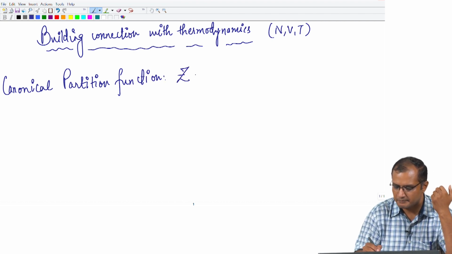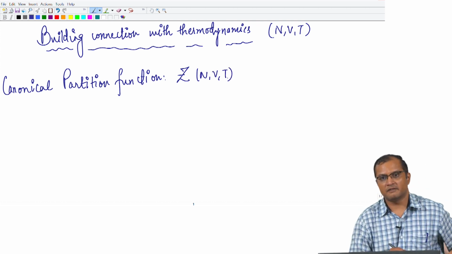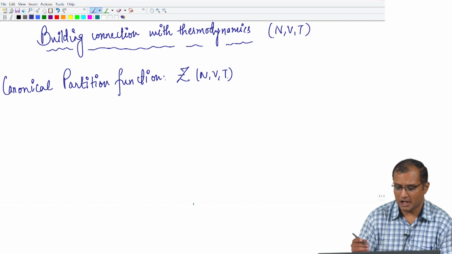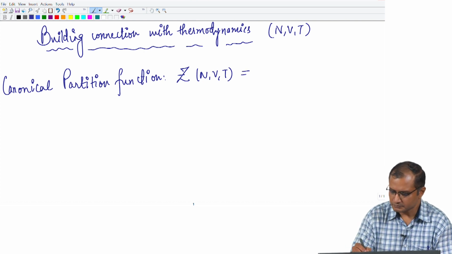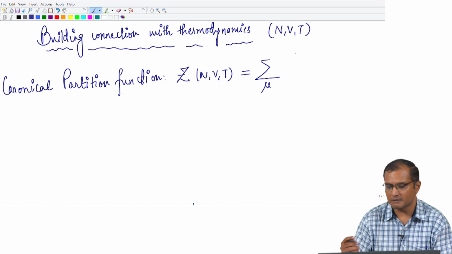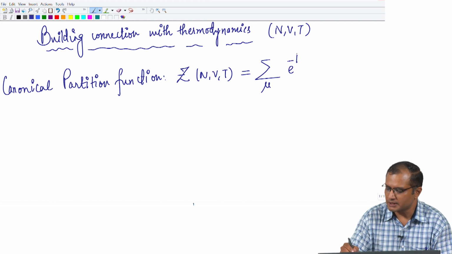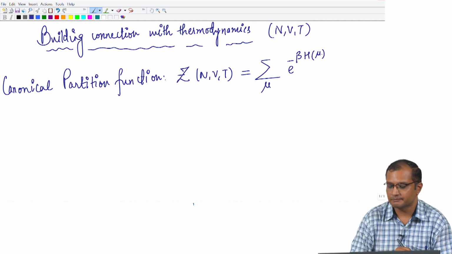As the macro state is NVT, thermodynamic macro state, we got the expression for the partition function as summation over all the micro states e to the power minus beta H, which is the Hamiltonian of the micro state.